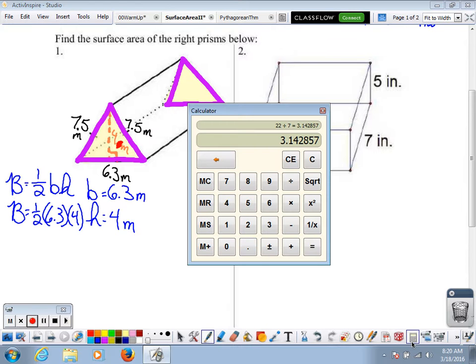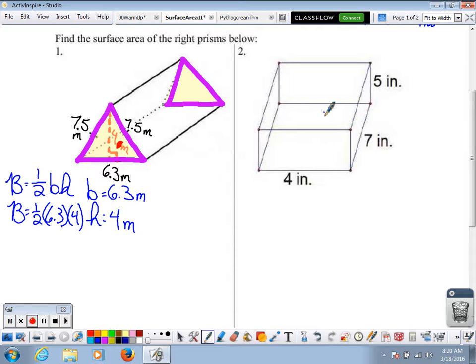Okay, and we can do 1/2 or 0.5 times 6.3 times 4. And that tells us that the area of this base is going to be 12.6 square meters. Now, that is the area of this base.